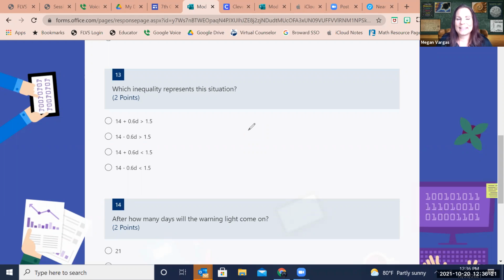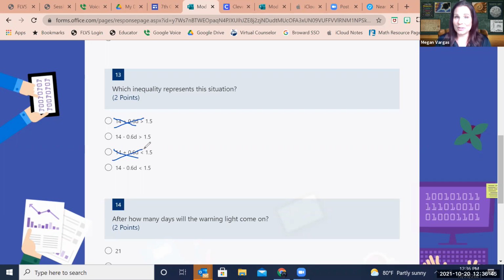Well, you know we subtracted, right? So you can eliminate these two. So the question is, when we get that number, we're looking to see if it's more than 1.5 or less than 1.5.